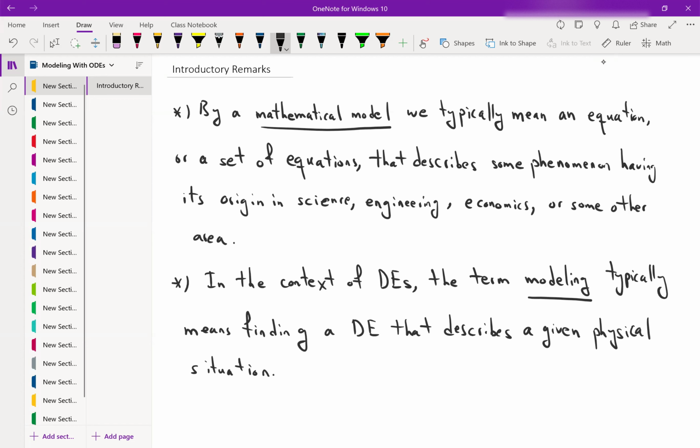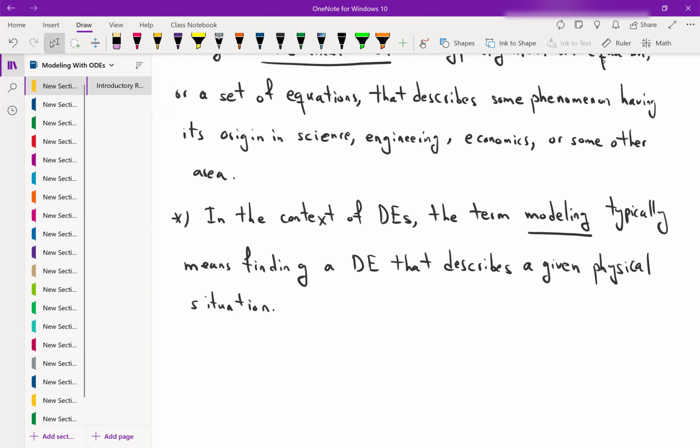Of course, there is much more to mathematical modeling than simply finding an equation. This mathematical modeling is a process. It includes several steps. One step will be finding the equation. Let me also talk a little bit about that.